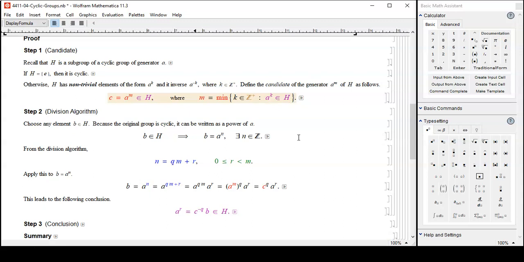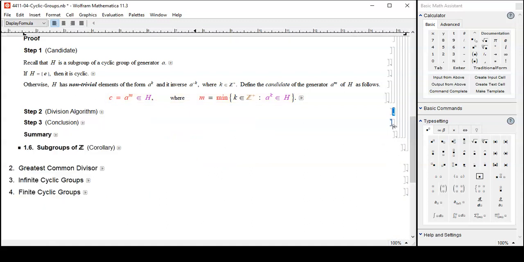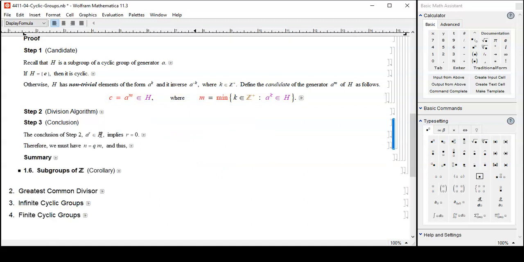Now, how do we utilize this provisional conclusion in step 3 to get the real conclusion that we want? Let's go. We're going to utilize that a to the r power belongs to h, which I just highlighted in purple. And then I claim this implies r is equal to 0.